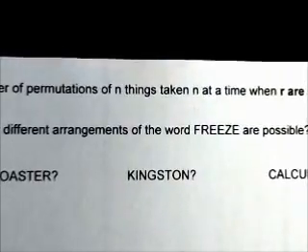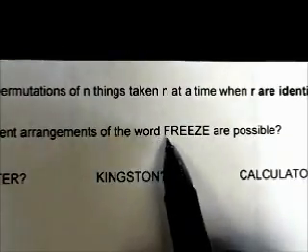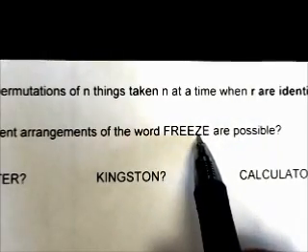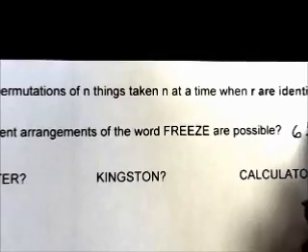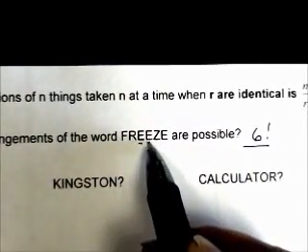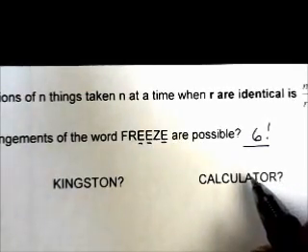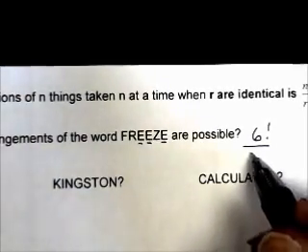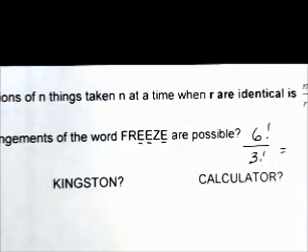So how many different arrangements of the word freeze are possible? Okay, well, freeze has 1, 2, 3, 4, 5, 6 letters, so that would be 6 factorial over... the E repeats 3 times, so this would be divided by 3 factorial. And we'll have to go to the calculator for this.